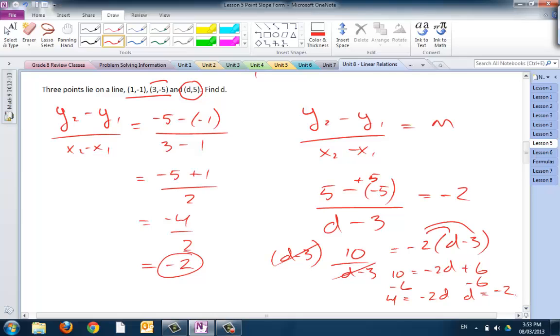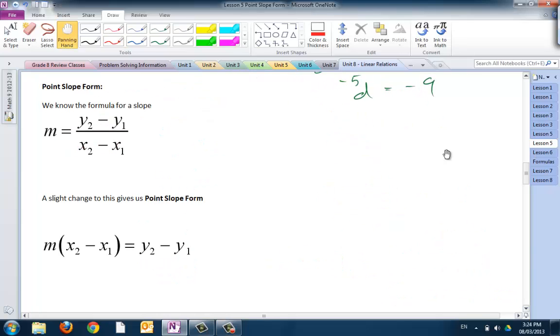And so once more, I'd started off looking for that d in this ordered pair. Well, I now know that the ordered pair is actually negative 2 and 5. Okay, so that takes us to point-slope form. And point-slope form is just a derivation of the normal slope formula that we've been using.